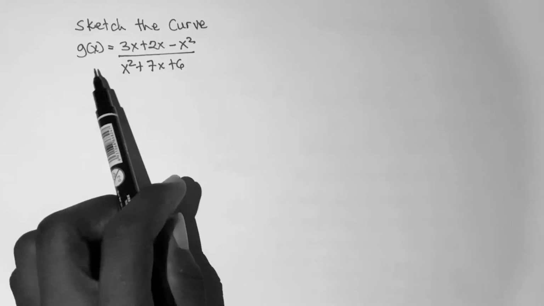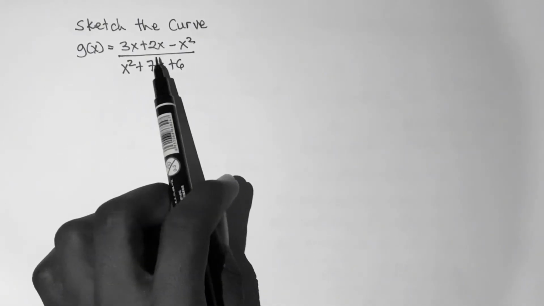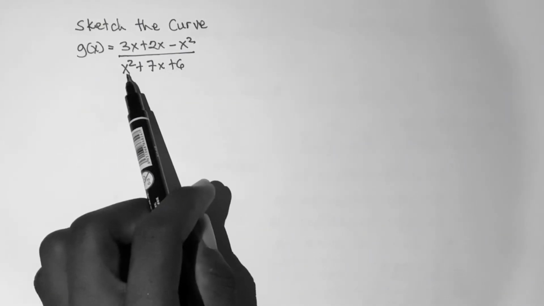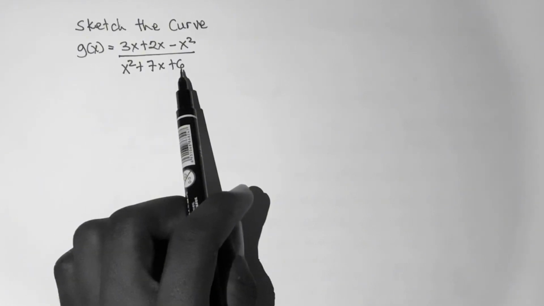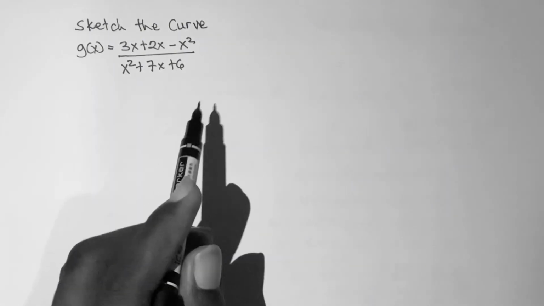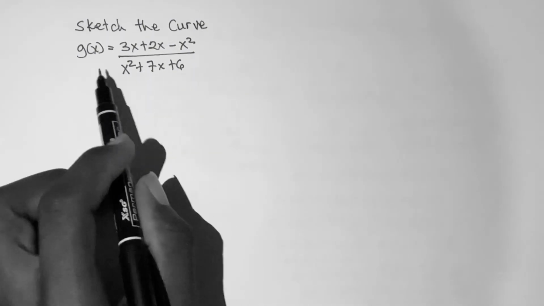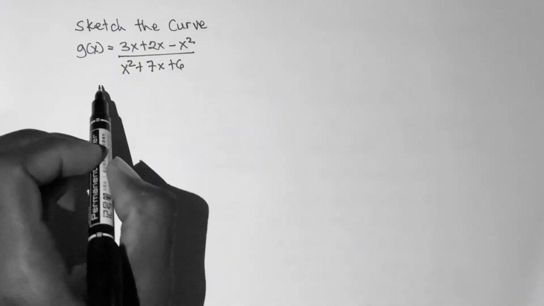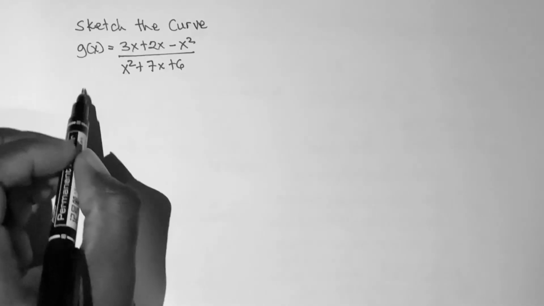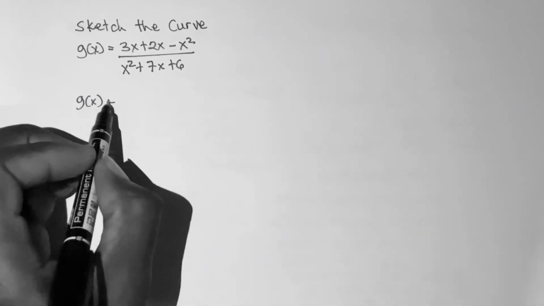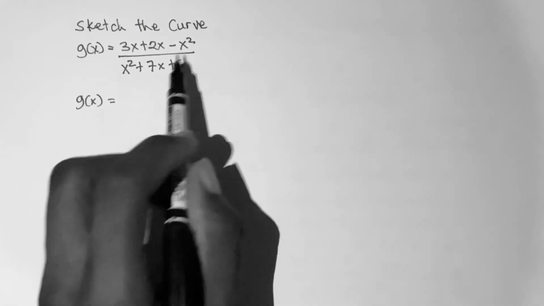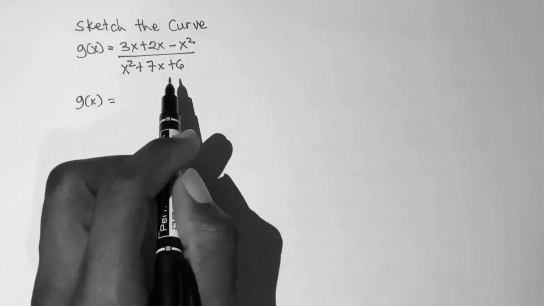Sketch the curve g of x equals 3 plus 2x minus x squared divided by x squared plus 7x plus 6. Now, what we need to do is factorize both the numerator and the denominator. So g of x can also be written as, now 3 times minus 1 is minus 3.